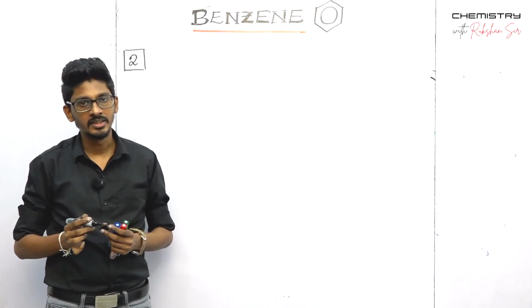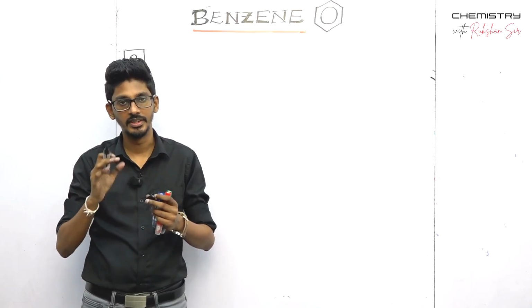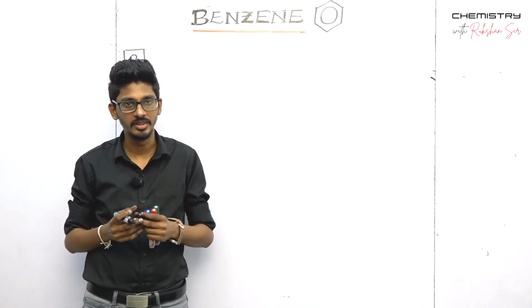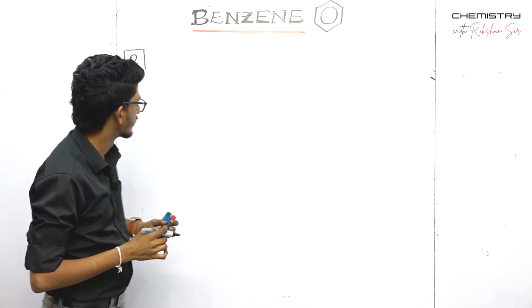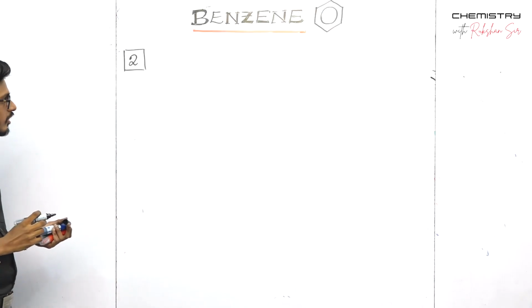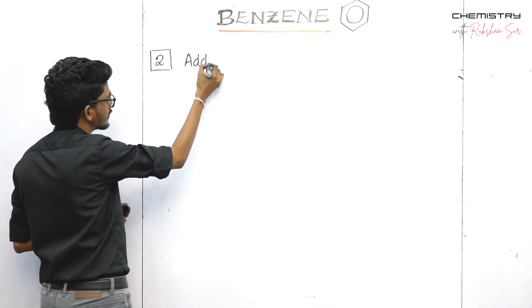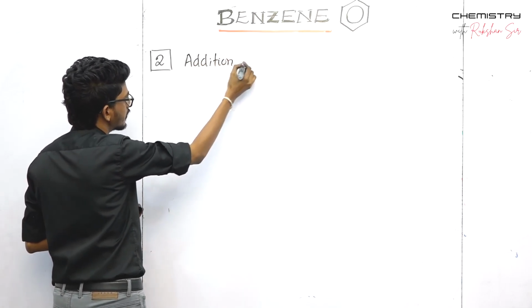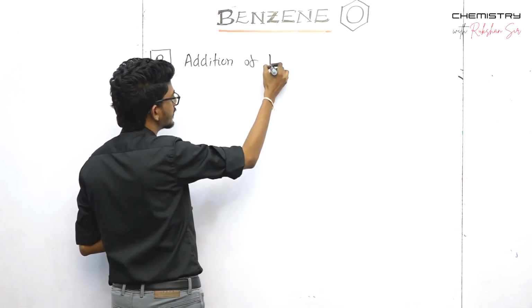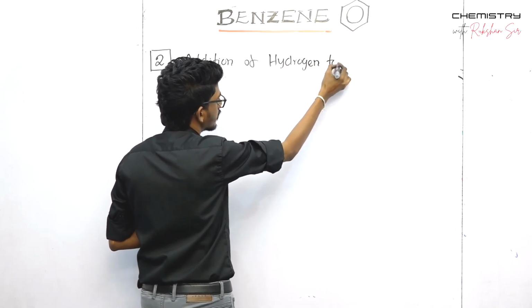So we can think of hydrogenation, but it is done in very extreme conditions. That is the second reaction: addition of hydrogen to the benzene ring.